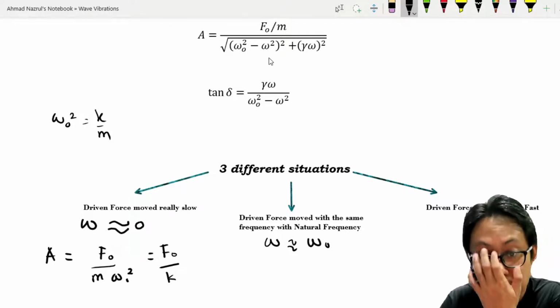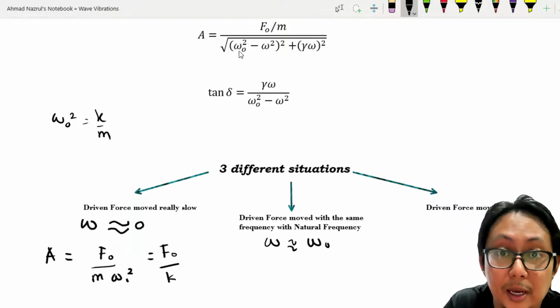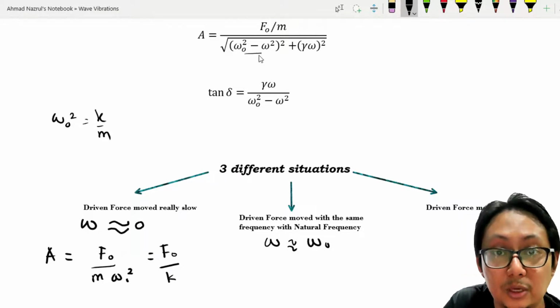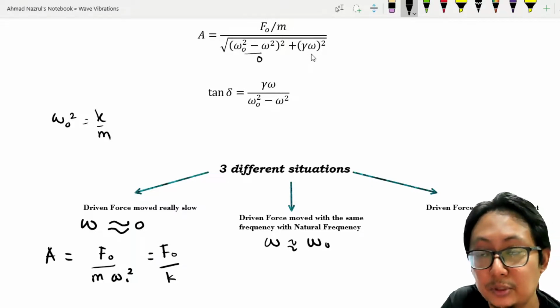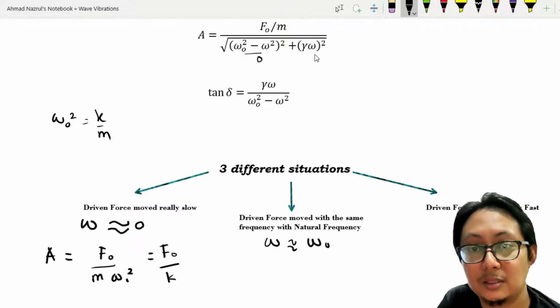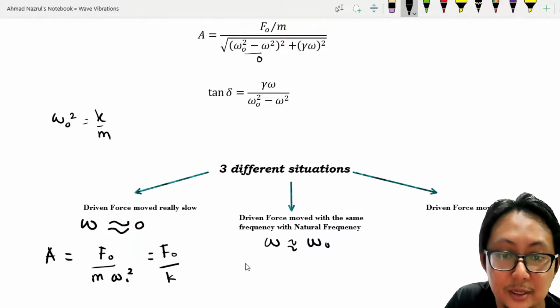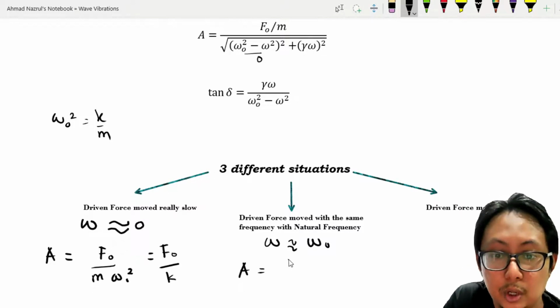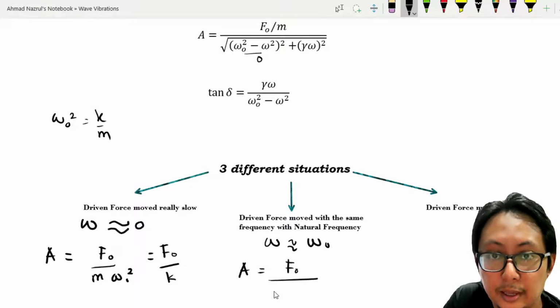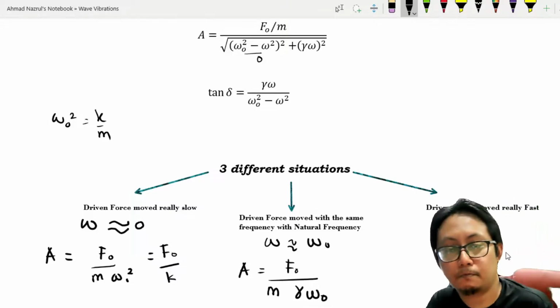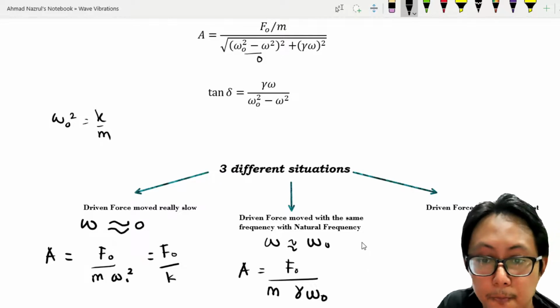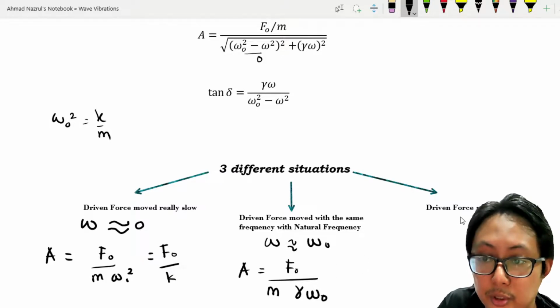Mathematically, we can put the value because omega is equal to omega naught, so this value here will be 0. What is left is gamma omega, which we now know is similar to gamma omega naught. What we have here is A equal to F naught over M gamma omega naught. So this will be the amplitude.